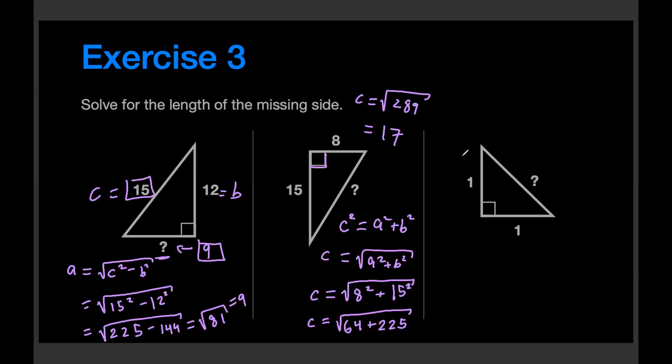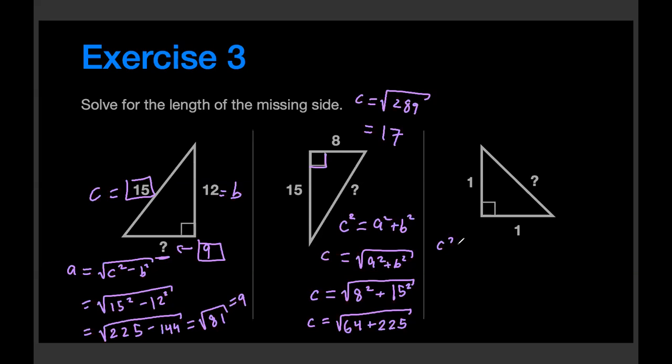All right, what about this last one? Anyone want to get on the microphone and help me out? 1 squared plus 1 squared, so we know A and B equal 1.